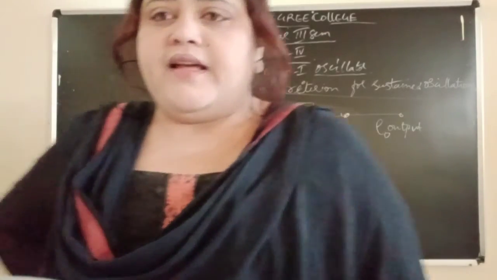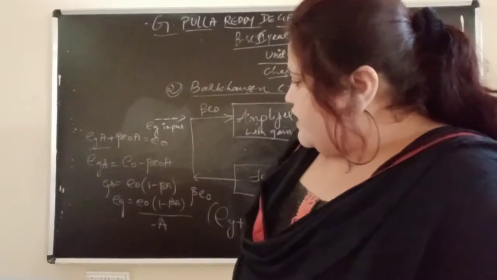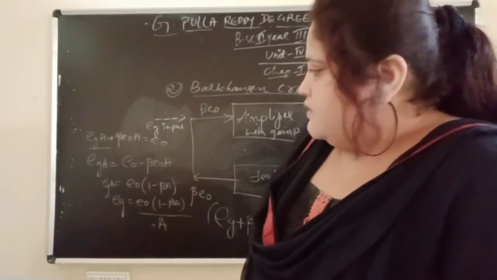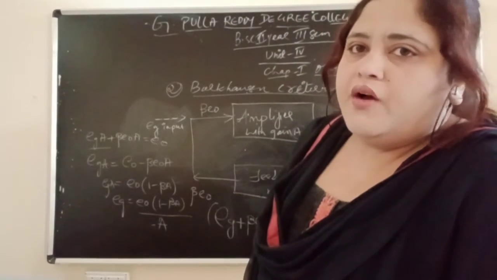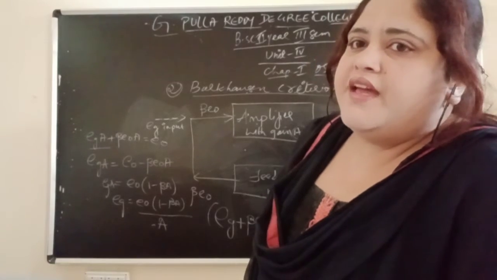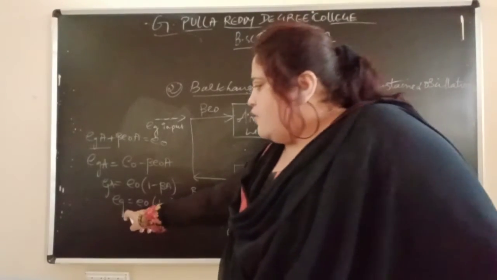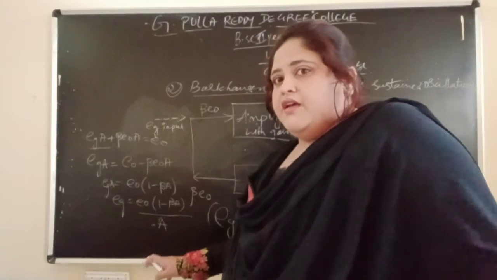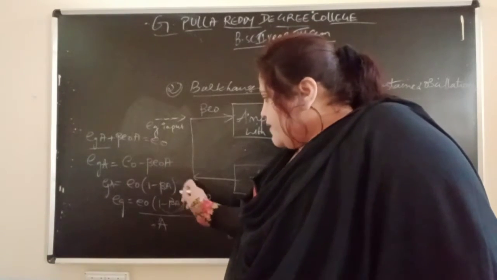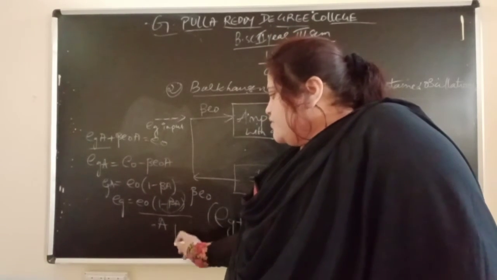Now you will get the condition where the input Eg will become 0. This condition you should see. Here I am taking beta A equal to 1.